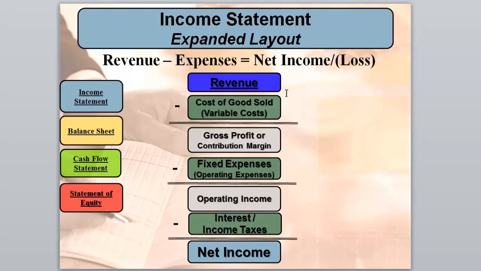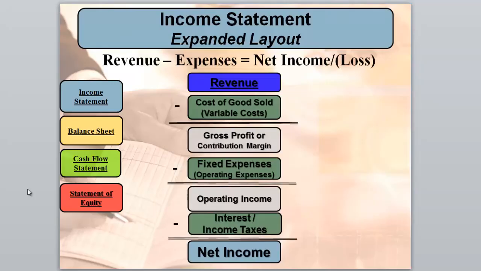So if you were running a lemonade stand, you'd have revenue from selling lemonade minus the cost of the lemonade to get your gross profit. Now your fixed expenses could be things like if you had to buy a table or a pitcher, because you're using those, they're fixed over time, to come up with operating income, minus interest and income taxes to come up with net income. That's the basic layout of the income statement.